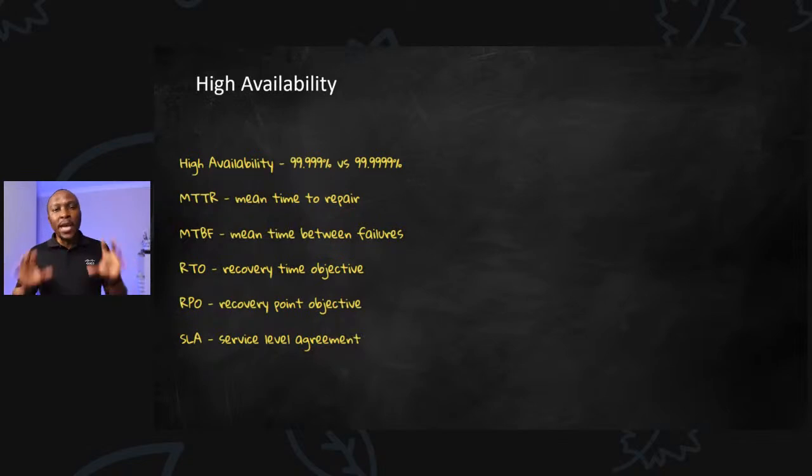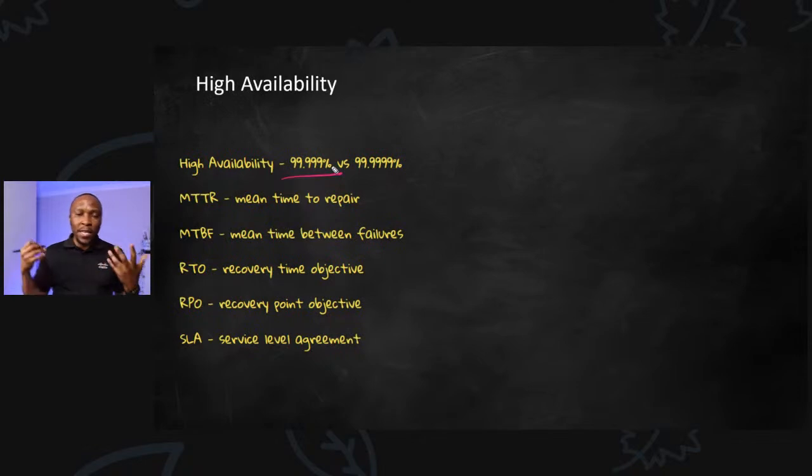So when we're talking about high availability, there are certain key elements that you need to understand. When you go and buy a Google or AWS account, they will tell you about the availability of their data center. And most of the time it is quoted as 99.999%.